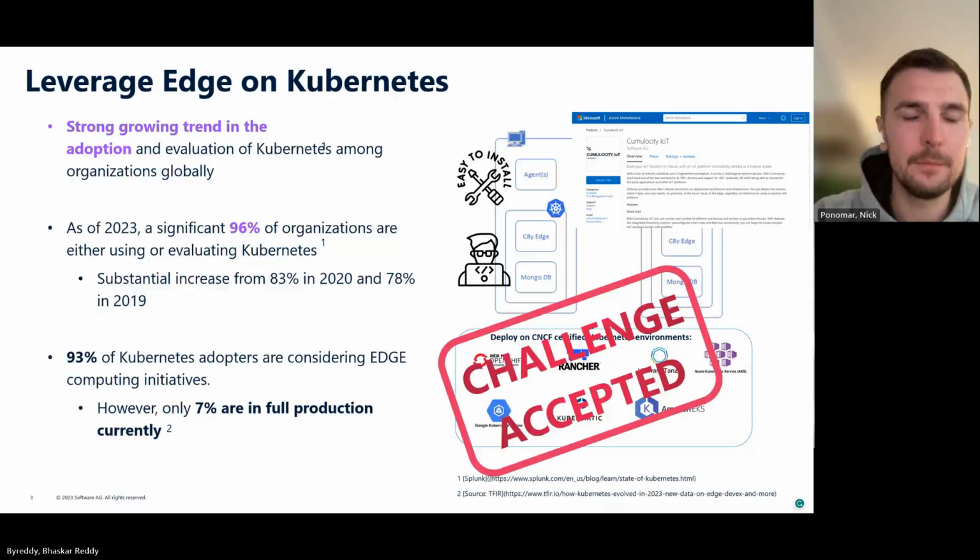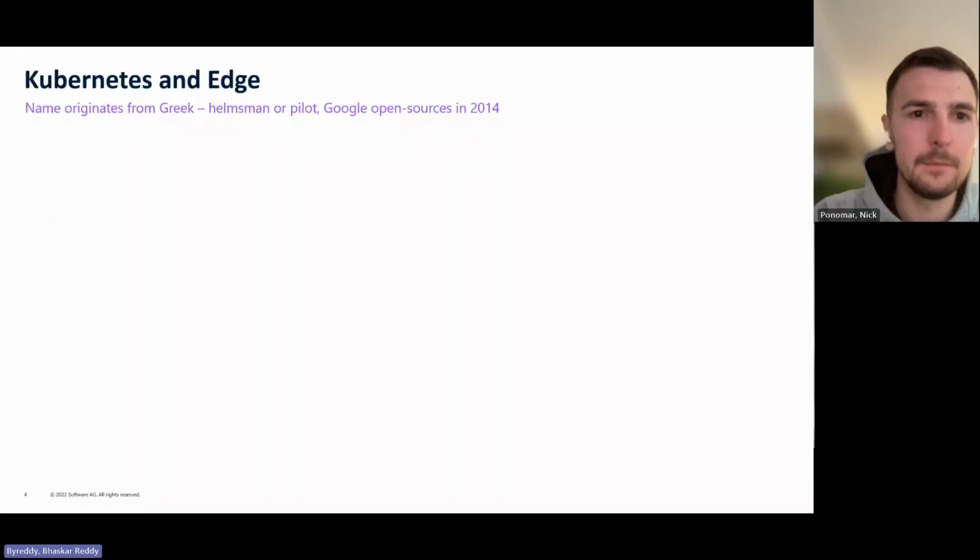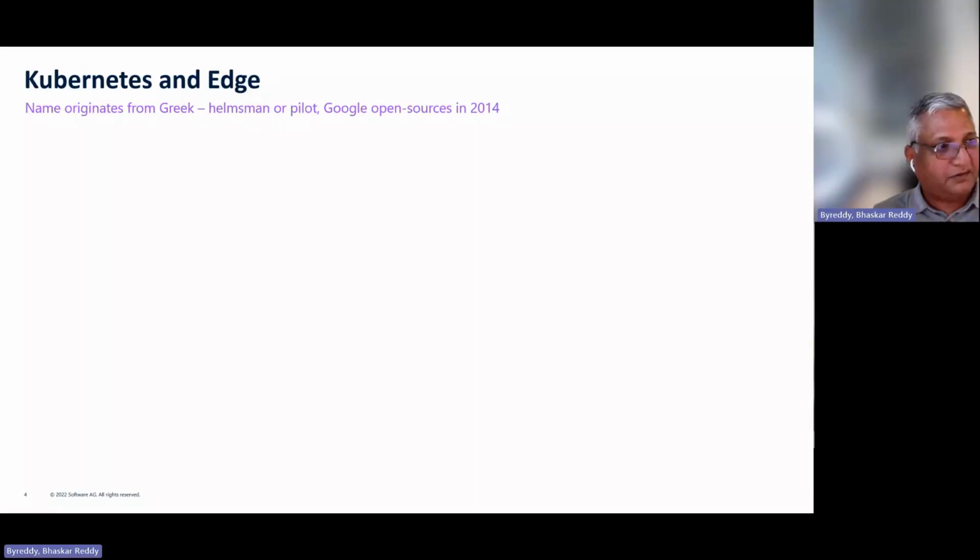Thank you, Nick. Hi, welcome everyone. Before I get into the details of Kubernetes and how Edge can be deployed on Kubernetes, I want to first look at why we wanted to have Edge deployed on Kubernetes.